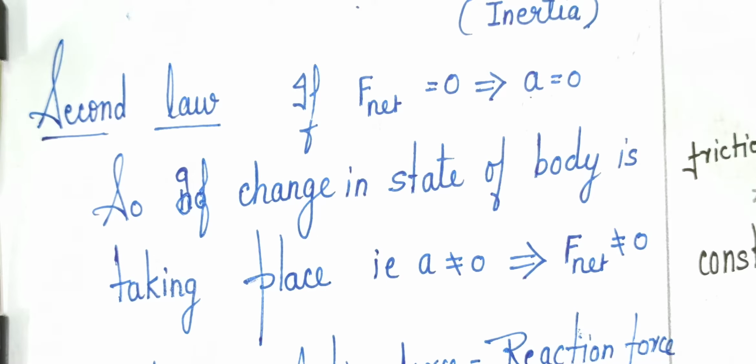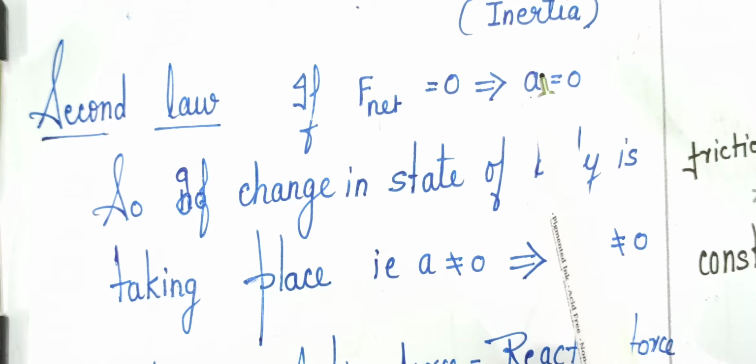The second law says that if the net force acting on an object is 0, then the acceleration of the object will be 0. What is acceleration? Acceleration is change of state. If a body is at rest, it starts moving. If a body is moving, its velocity changes.